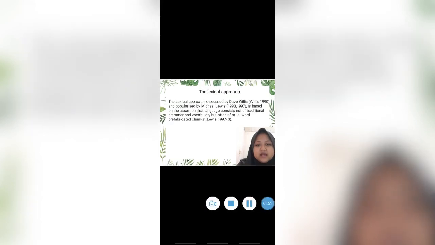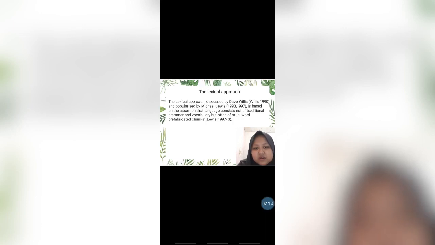Next, the lexical approach. The lexical approach, discussed by Dave Willis in the 1990s and popularized by Michael Lewis in 1993 and 1997, is based on the assertion that language consists not of traditional grammar and vocabulary but often of multi-word prefabricated chunks (Lewis, 1997).